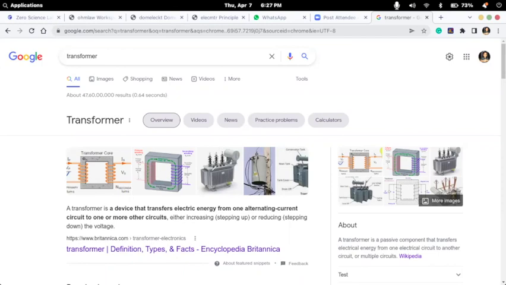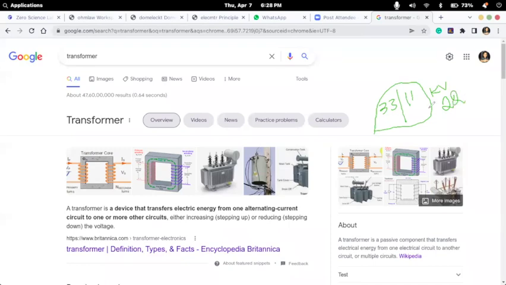This transformer, the substation you might have heard of. Have you heard of the substation? No, sir. If you have the chance, you can read some of the plates: 33 by 11 kV, 220 by 11 kV.